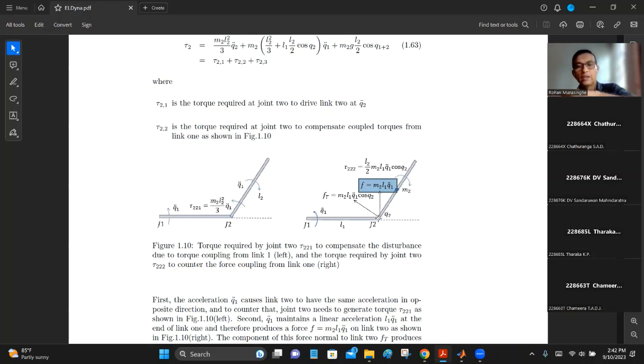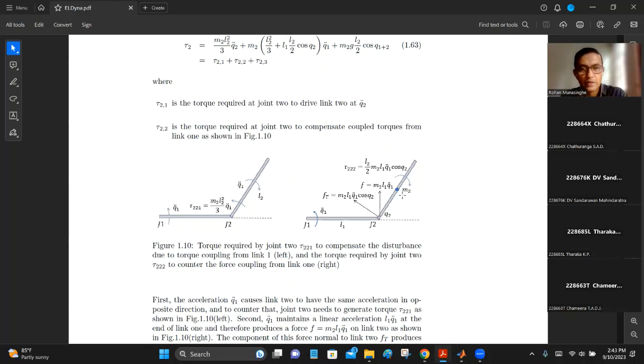So A equals R alpha. Acceleration is distance times angular acceleration. And then multiplied by the mass of link 2 is the force, and then resolve it normal and along the link, and then again multiplied by half the length of the link to generate the torque.